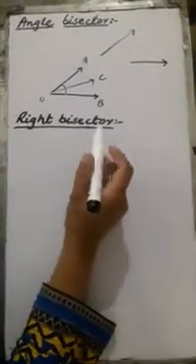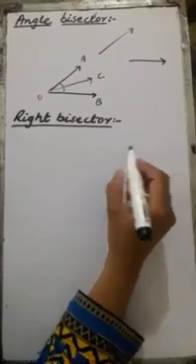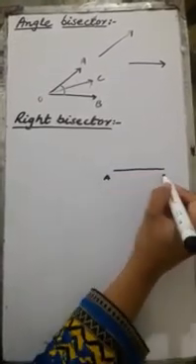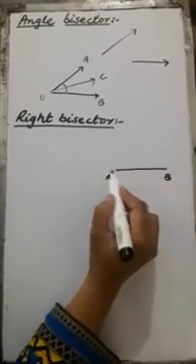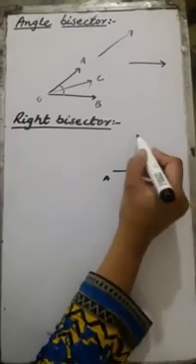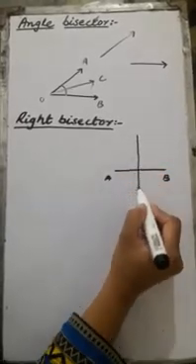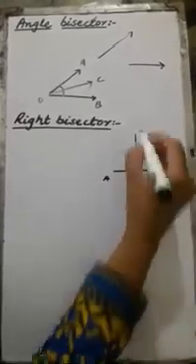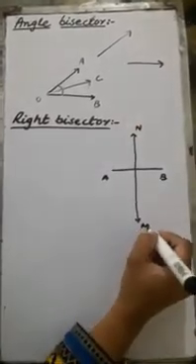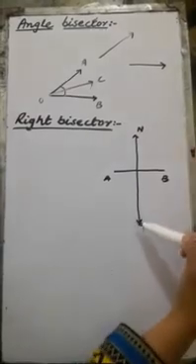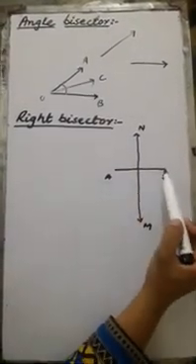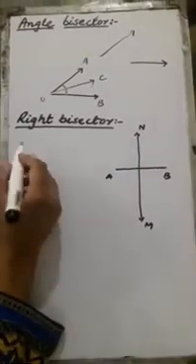The right bisector of a line segment is a line. Suppose this is a line segment A, B. So the right bisector of this line segment will be a line. Suppose this is a line and its name is NM. Now this line NM is said to be the right bisector of line segment AB if two conditions are met.